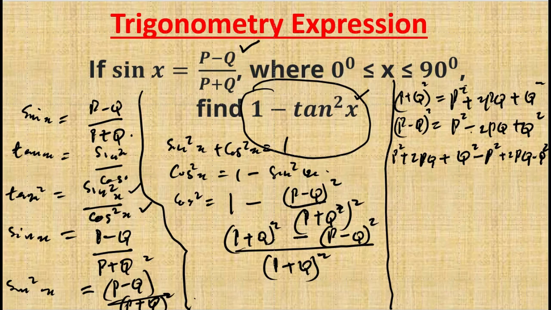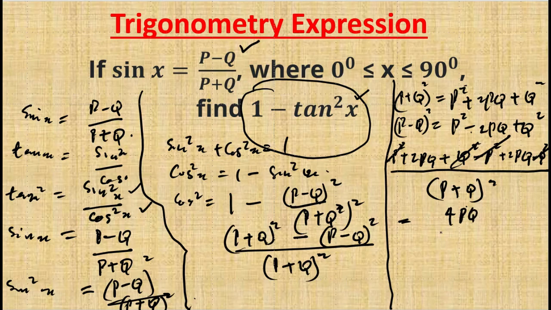Let's solve the numerator. p squared cancels p squared, q squared cancels q squared. I'm left with 2pq and 2pq, so that will be the same thing as 4pq all over (p plus q) all squared. This is the expression for cos squared x.